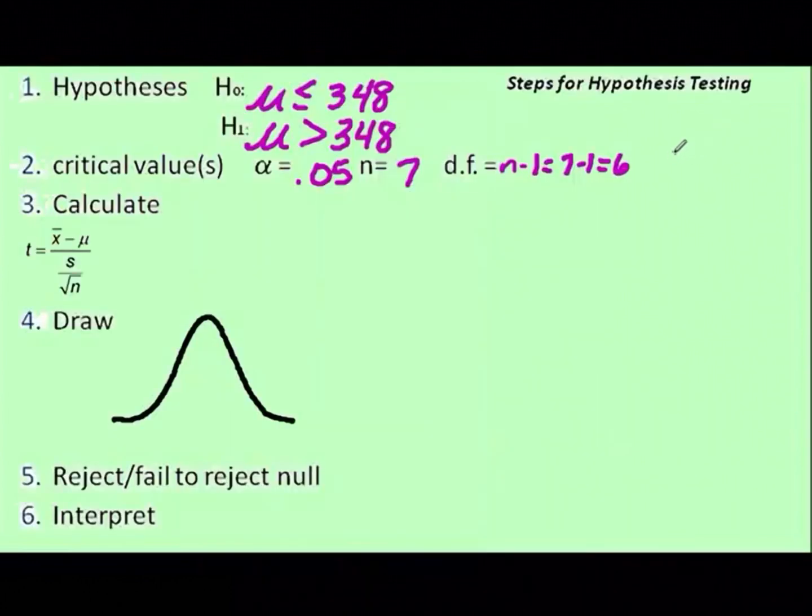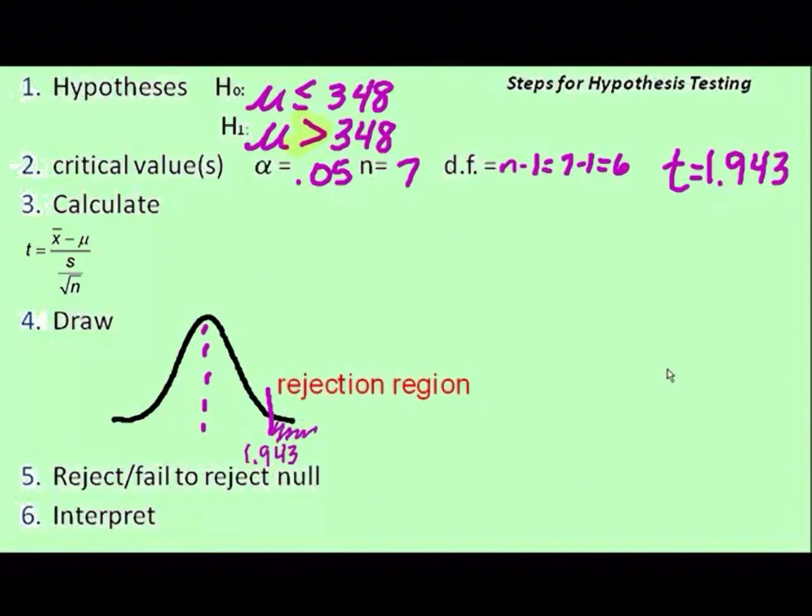So t will be positive because of the greater than sign, and it is 1.943. If the mean comes down through the center, 1.943 would be over here, and its rejection region.